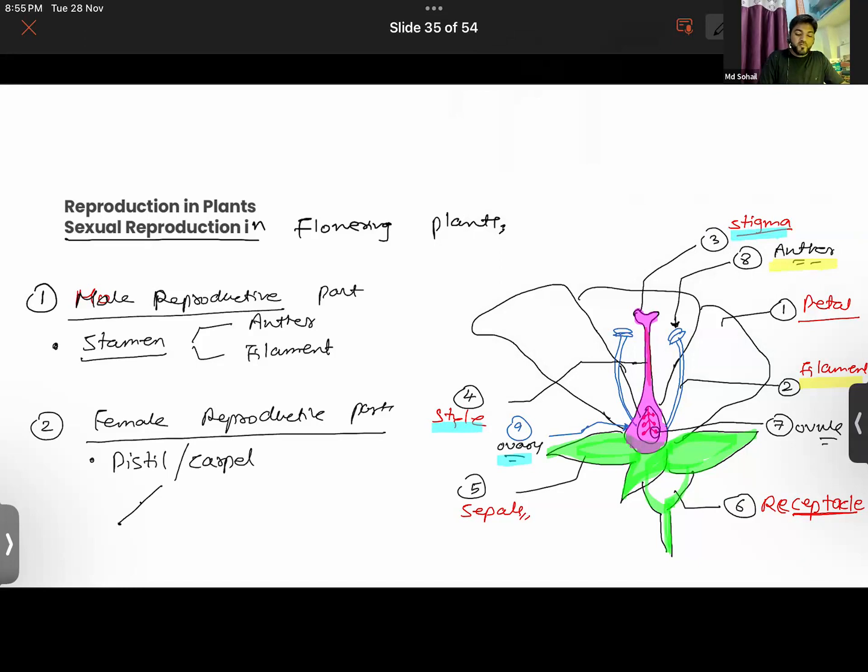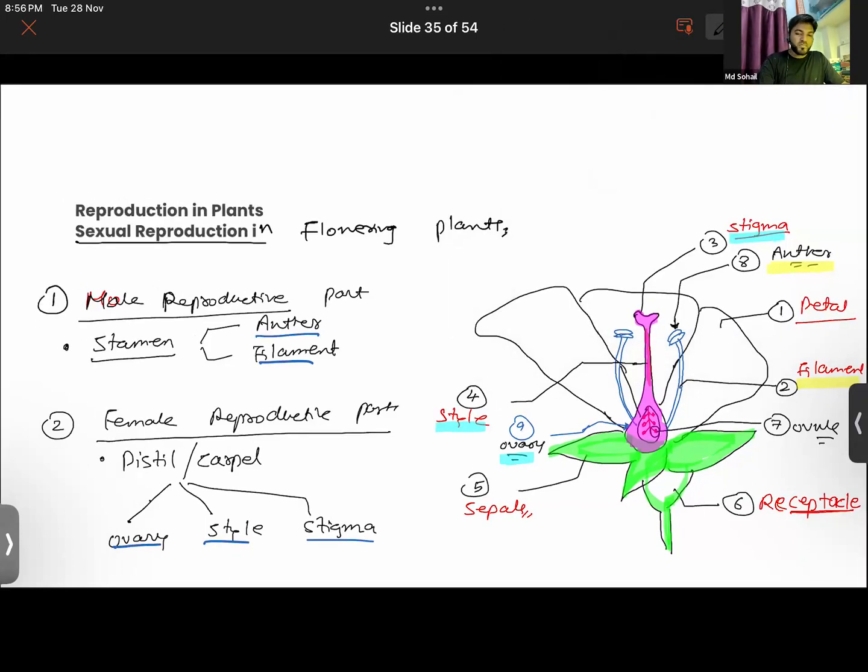They are made up of the following parts, starting from the ovary, then the style, and then the stigma. Is that clear to everyone or not? Yes, sir. So these are the different reproductive parts of the flowers, namely stamen and pistil.